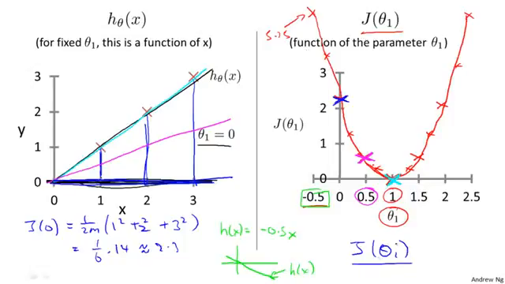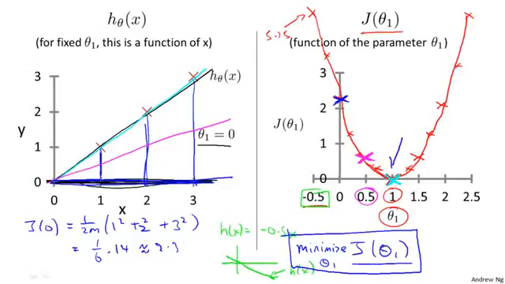Now, remember, the optimization objective for our learning algorithm is we want to choose the value of theta 1 that minimizes J of theta 1. Right? This was our objective function for linear regression. Well, looking at this curve, the value that minimizes J of theta 1 is theta 1 equals 1.